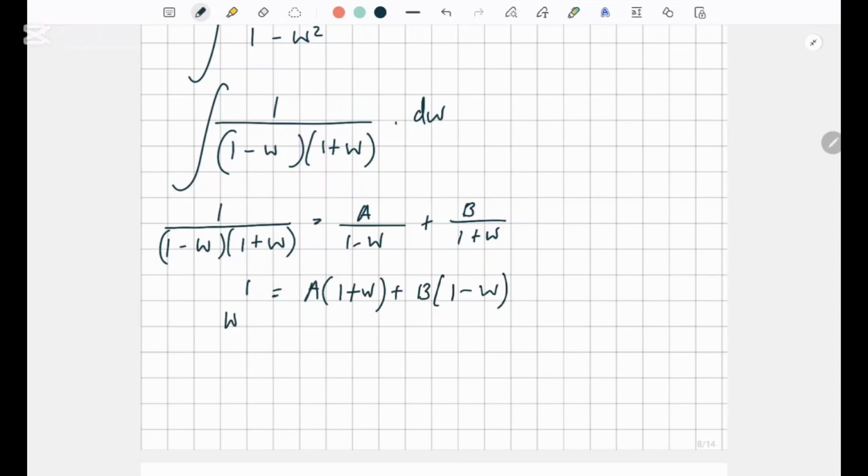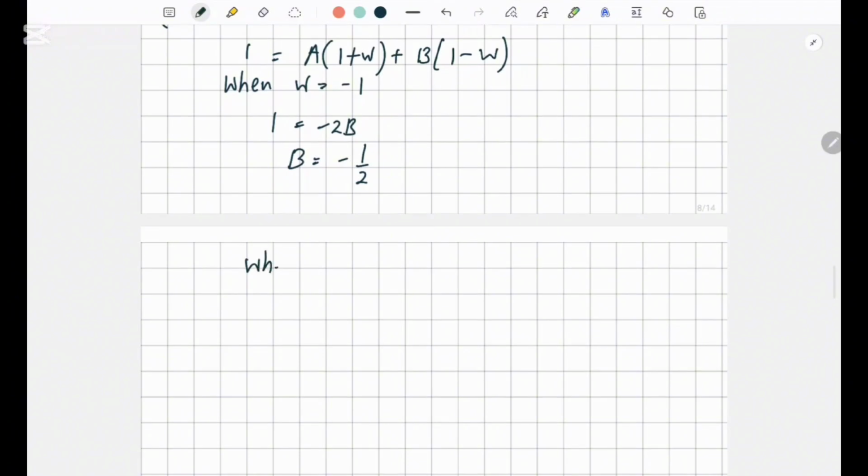Now when w equals minus 1, b equals minus half, and when w equals 1, 1 equals 2a, a equals half, right?